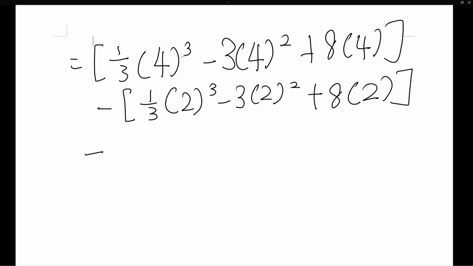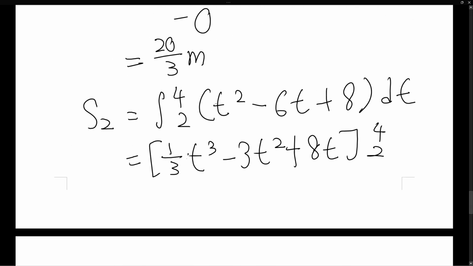If you want to do a quick step, you just use the calculator method: t squared minus 6t plus 8, integrate from 2 to 4.